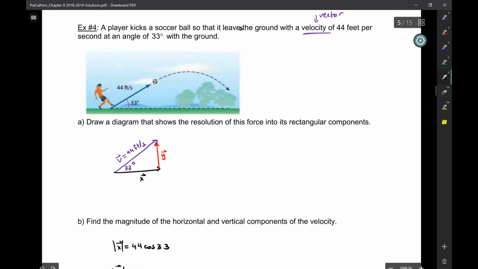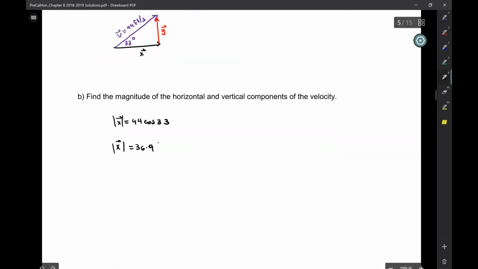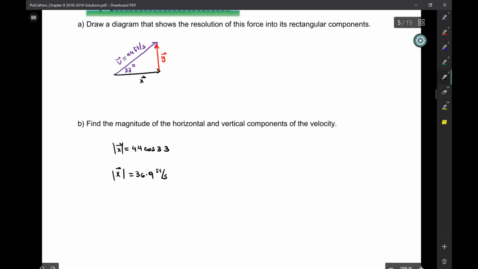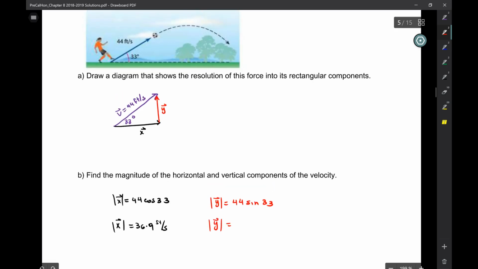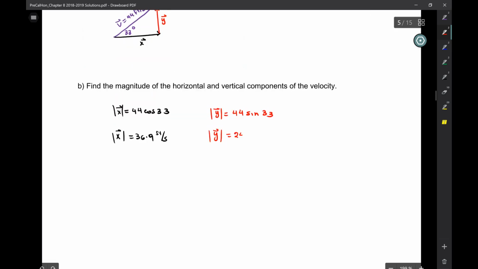The units are feet per second. Okay, the Y component is the vertical, that's the opposite, so it's got to have a sine. You always start with the original vector, sine of the angle. And that's going to be 23.96, so 24.0 feet per second.